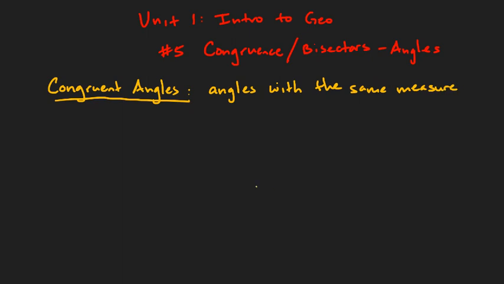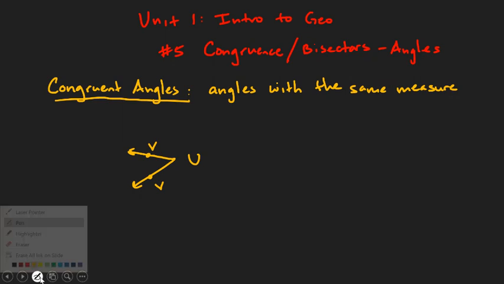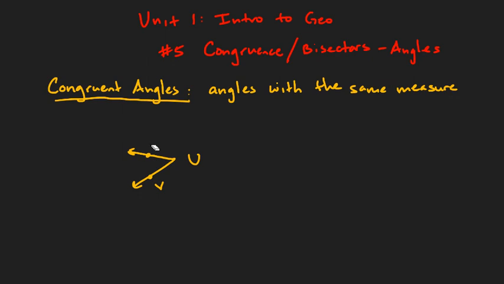Okay, so how's this going to look in a picture? Well, first I need two angles, so I'm going to draw two acute angles. My first one is going to be here. The vertex is going to be U. And I'm going to draw a ray UV and a ray UT.